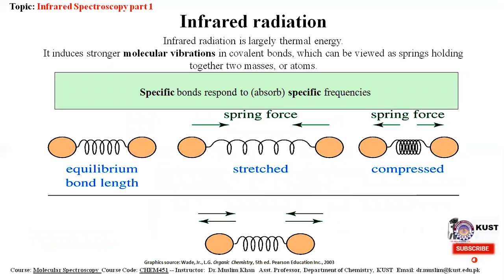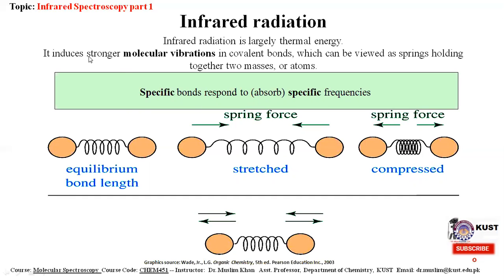Coming to infrared spectroscopy, infrared radiation is largely thermal energy. Consider two atoms connected to each other by a bond, and consider this bond as a spring. This is the equilibrium bond length; when you apply force it is stretched, and this is the compressed form.